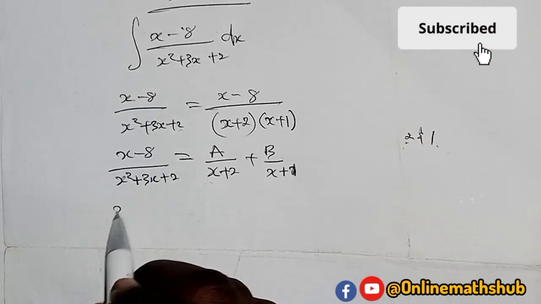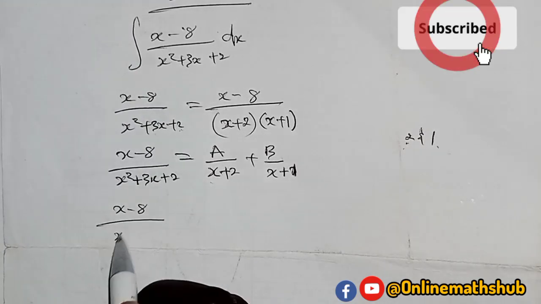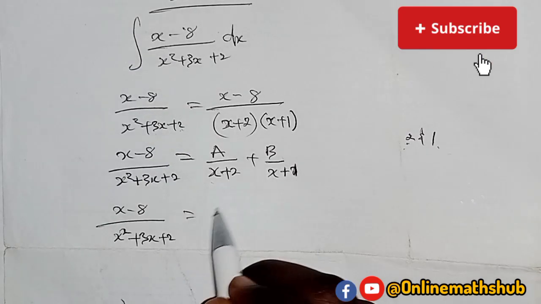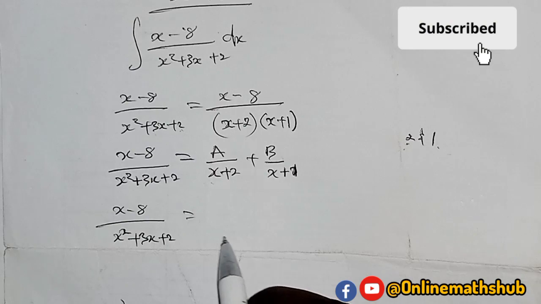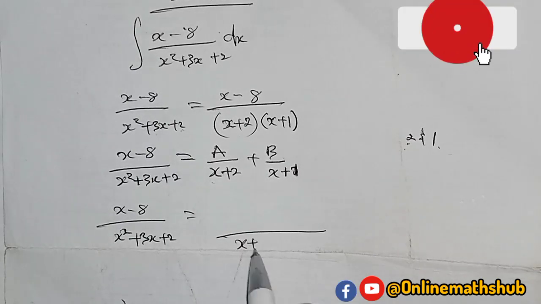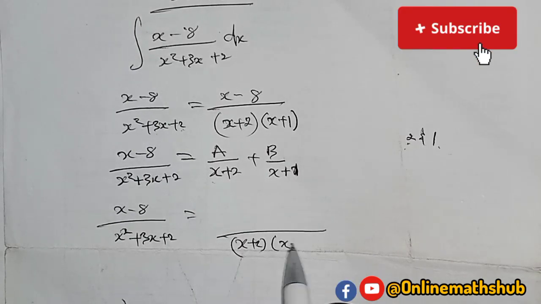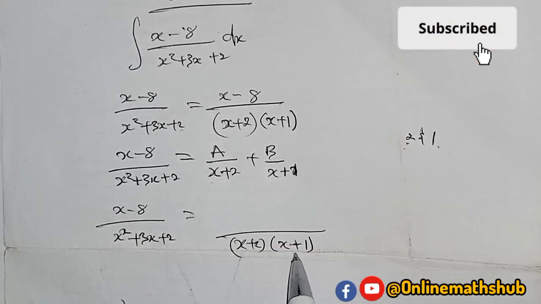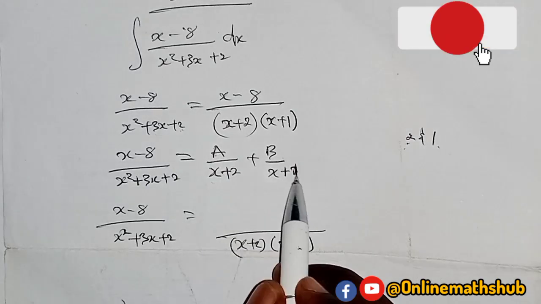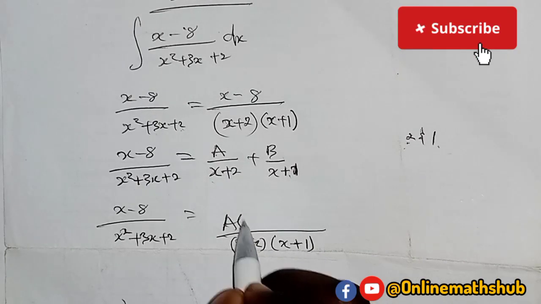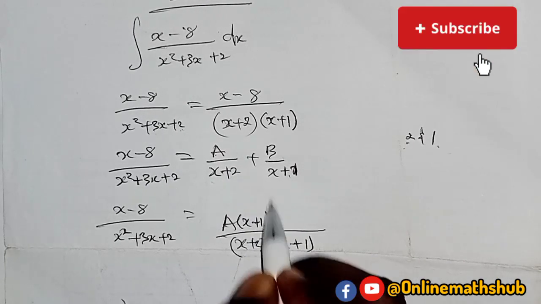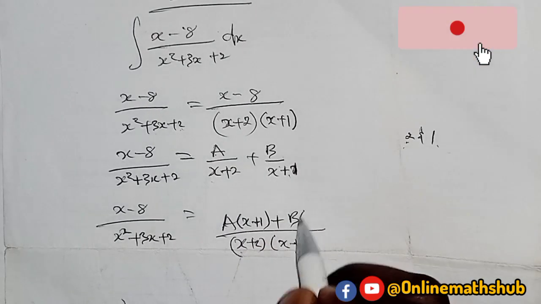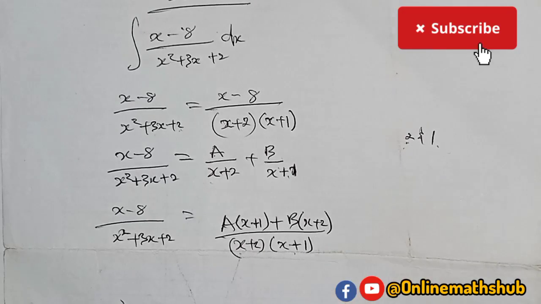If I do that, I will have (x - 8) divided by (x squared + 3x + 2) equal to, the LCM here is (x + 2)(x + 1). So this divided by this will cancel and this will remain, giving A into (x + 1), plus B into (x + 2).